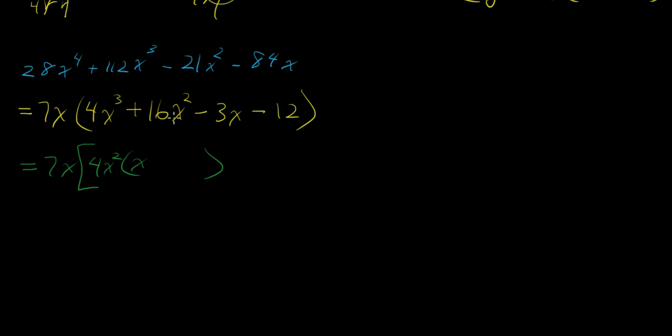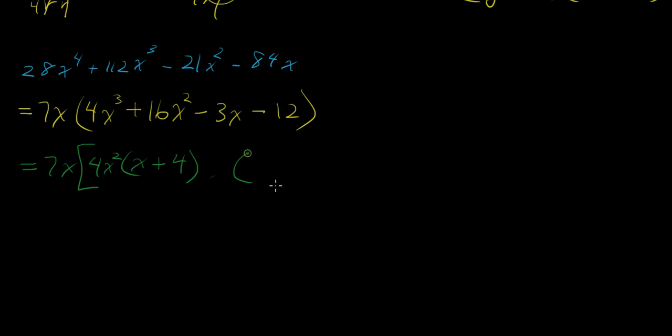Okay, what can I take out of positive 16 and positive 4? Well, 16 divided by 4 is 4. X squared divided by x squared is just 1. And so 4x squared times 4 equals 16x squared. Get that parenthesis a little closer.